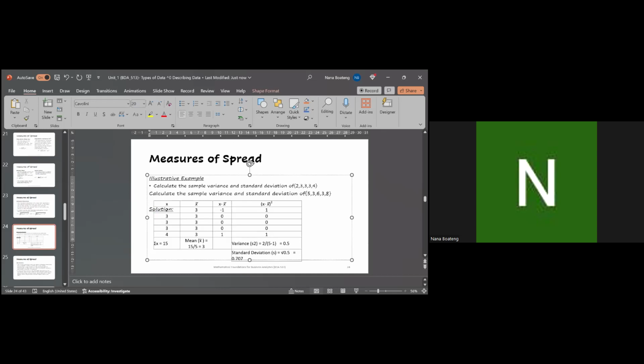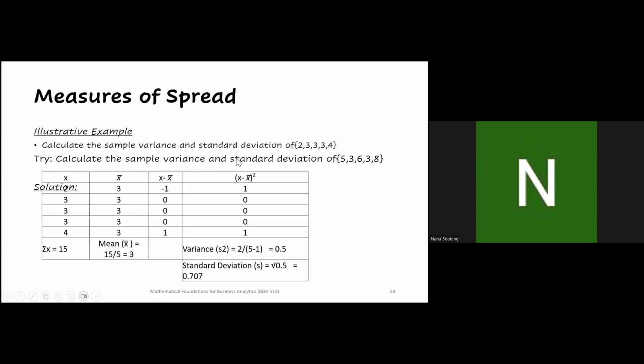All of us, let's calculate the variance and then the standard deviation for the second one. You can watch what I've done here. So let's do it for the second one. Calculate the sample variance and standard deviation for 5, 3, 6, 3, 8.